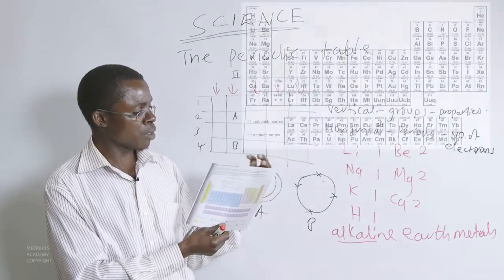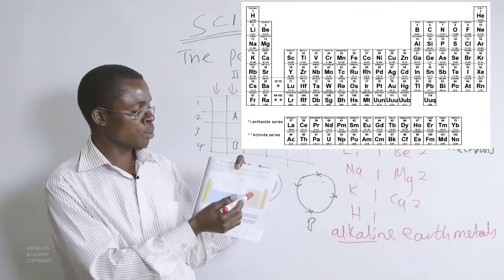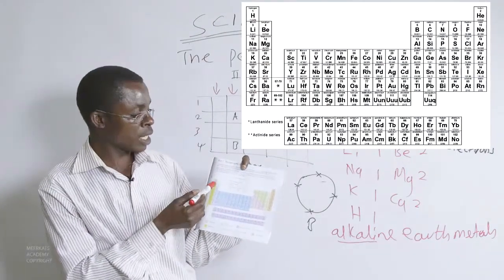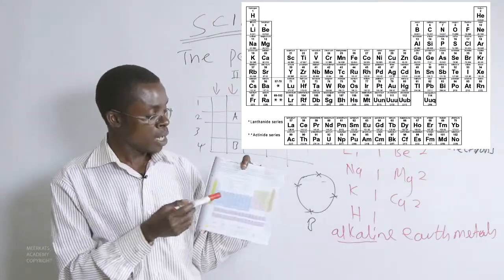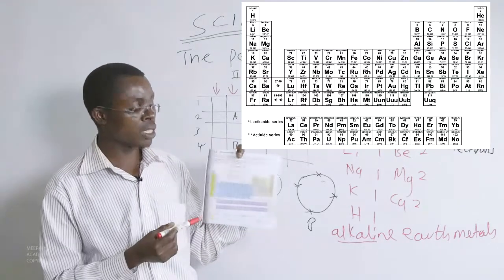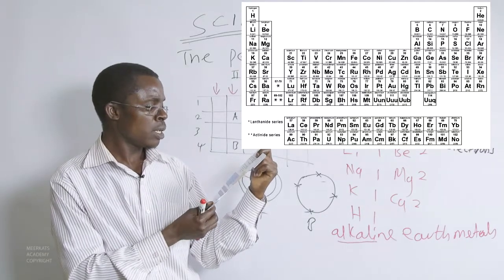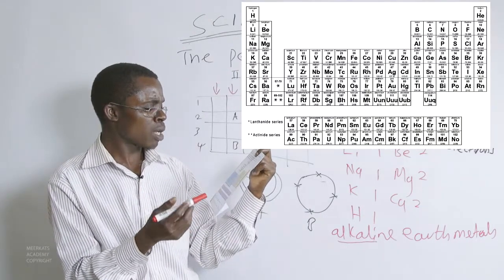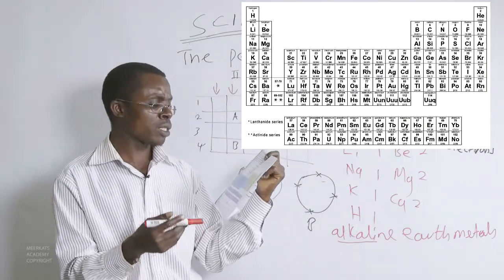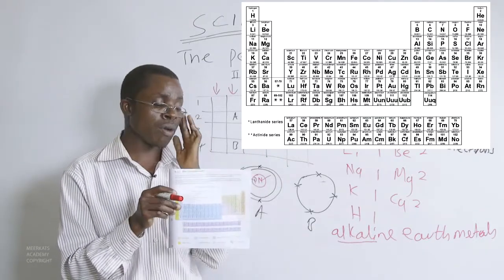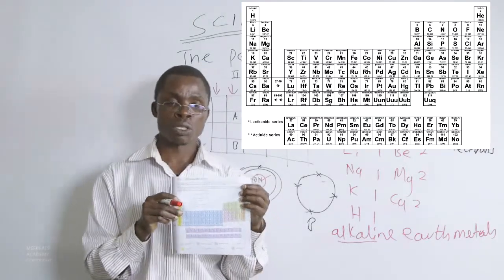Then let's look at non-metals, starting with the special one that is having a share in the first group, and that is the ones that shaded in green. We have here hydrogen, then we have boron, carbon, nitrogen, phosphorus, sulfur, and so on. If you have a copy, you can get all those.